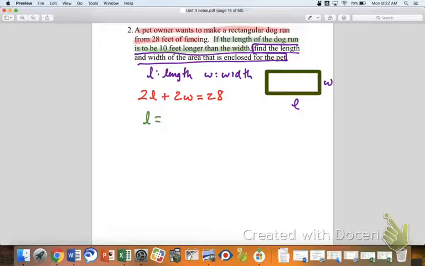What does 10 feet longer than sound like to you? 10 plus. Or plus 10 maybe? Something plus 10? So the length is width plus 10. I think the green sentence is a little more straightforward. I think the red one is more complicated.